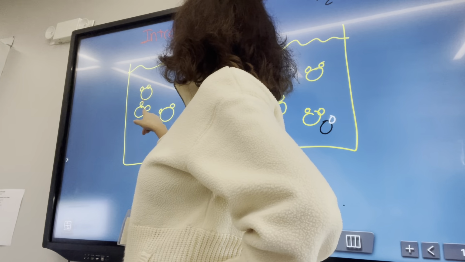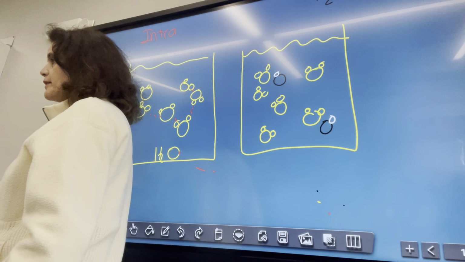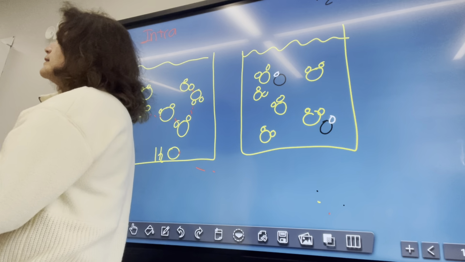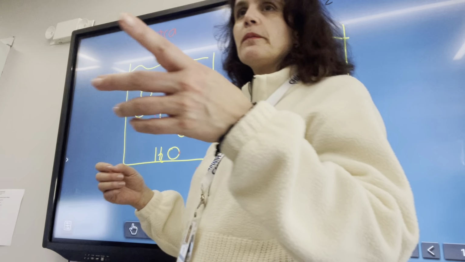Which one is the strongest of the inter forces, Harrison? Inter? That's intra. Yeah, there's inter and there is intra. Intra is ionic, covalent, and metallic, right? Hydrogen bond is in between. So which one is the strongest of the inters?